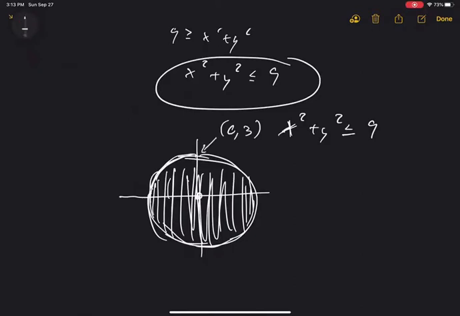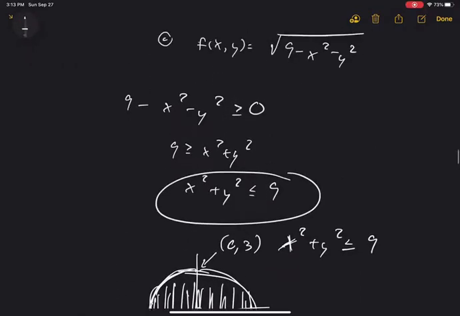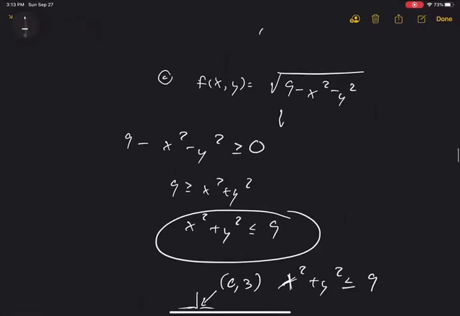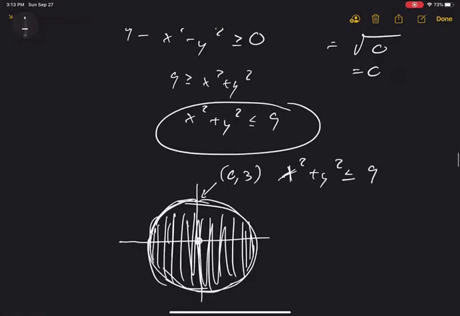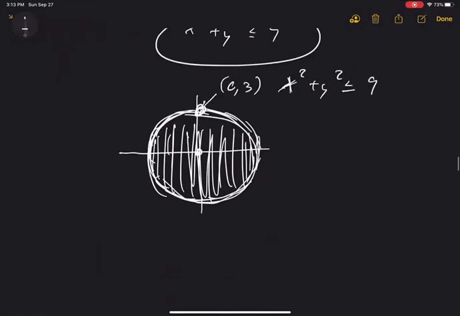And I plug that into my equation, what do I get? I get square root of 9 minus 0 squared minus 3 squared. In other words, square root of 0 is 0. So at this point on my edge, my function is equal to 0, and I can see that at all points on my edge, my function is going to be equal to 0.